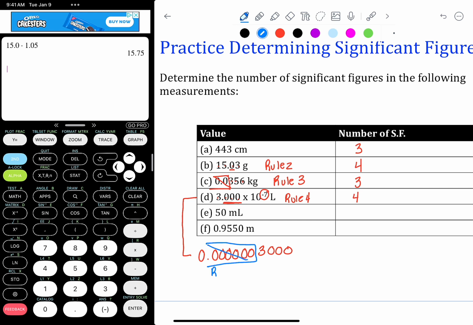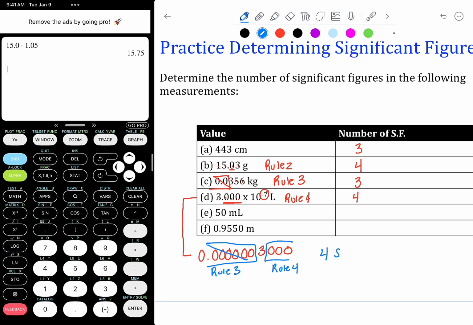And then Rule 4 tells us that if the zeros come after a non-zero digit and it's at the end of the decimal place, they are significant. So even when I write it this way, it still has 4 significant figures. 1, 2, 3, 4.